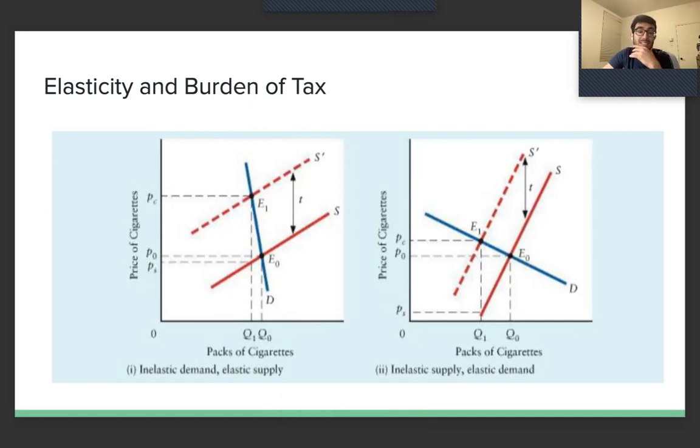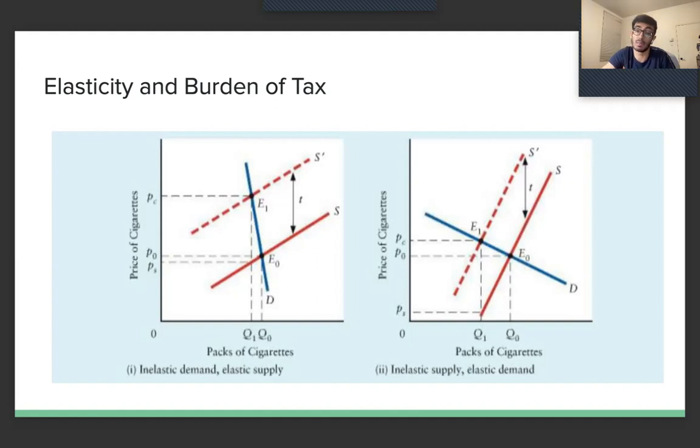And it's easier to think of it in simple words. Let's look at the case on the left where we have inelastic demand. Inelastic demand basically means that consumers don't have that much power in terms of changing the quantity if the price changes.